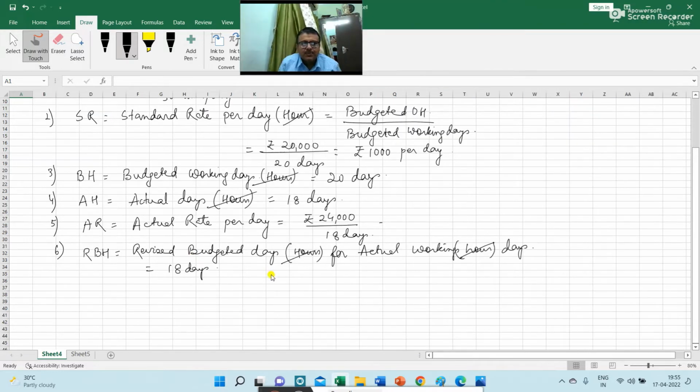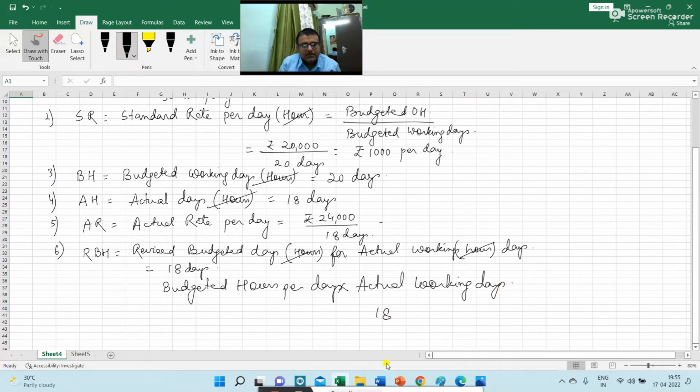The revised budgeted days for actual working days is a product of budgeted hours per day into actual working days. So here actual working days is 18 and budgeted hours per day is constant.